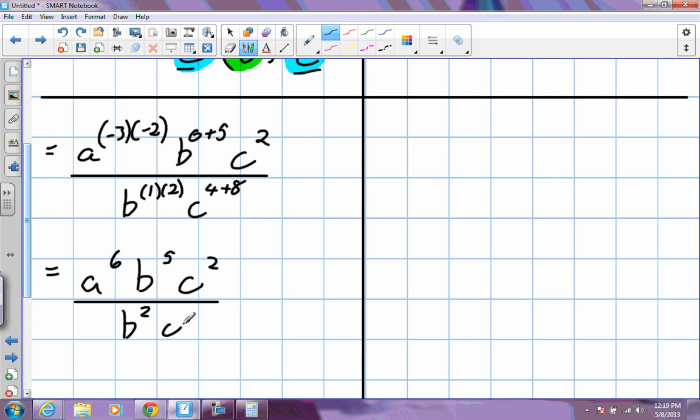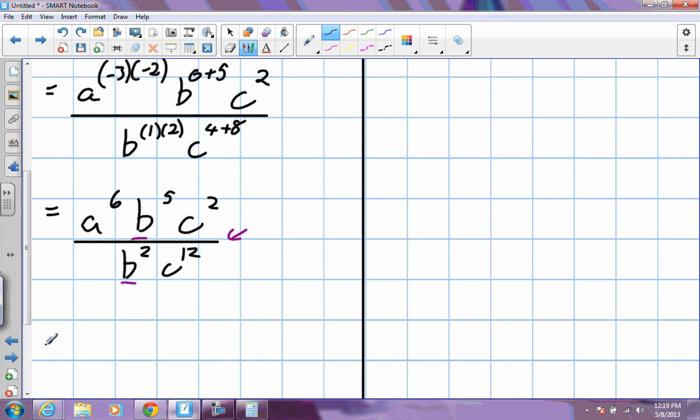Now, the last thing we need to do is apply our division rule, but we have to have like bases. So let's go about subtracting these. Our a is going to stay the same. We have a to the power of 6. Our b will now become b to the power of 5 minus 2. And our c will become c to the power of 2 minus 12.